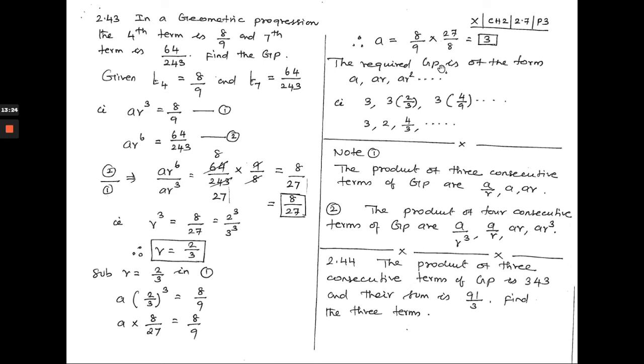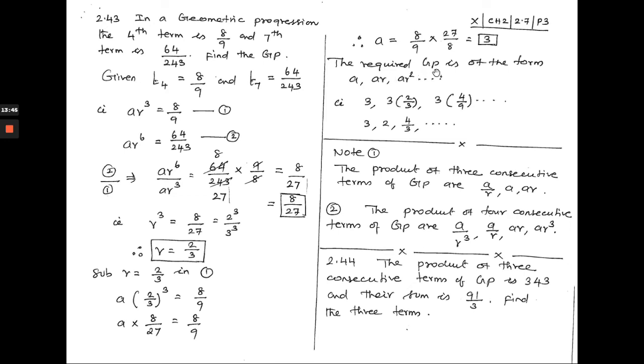Therefore the required GP is of the form, since we know the values of a and r. If we know a and r, we can find the general form of GP, any term. So here a is equal to 3 and r is equal to 2 by 3.